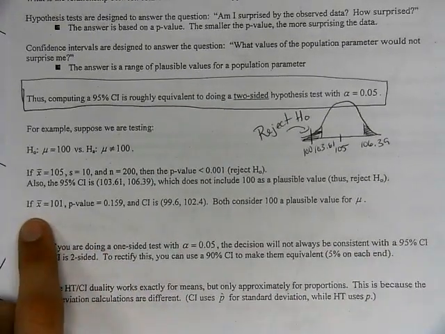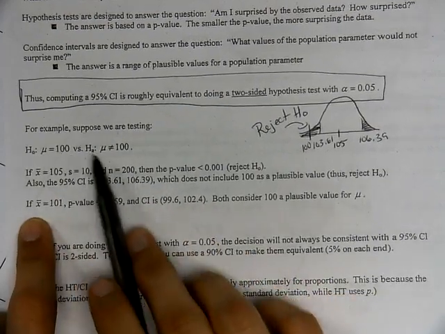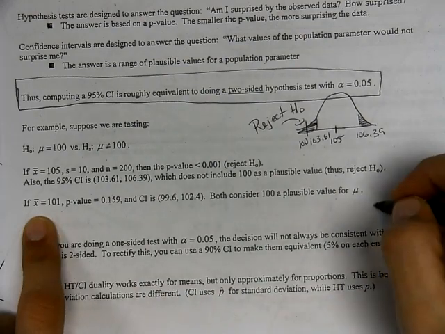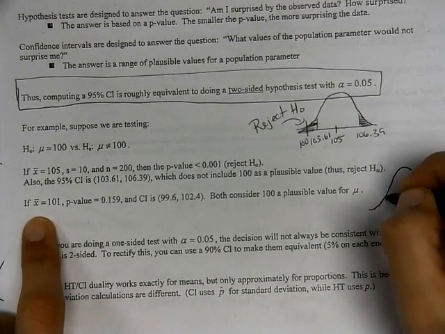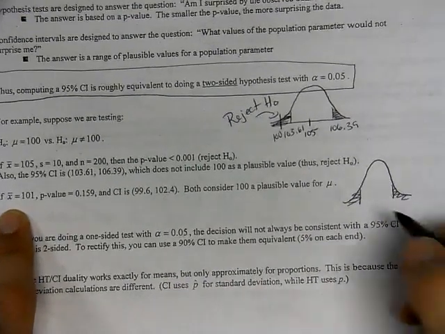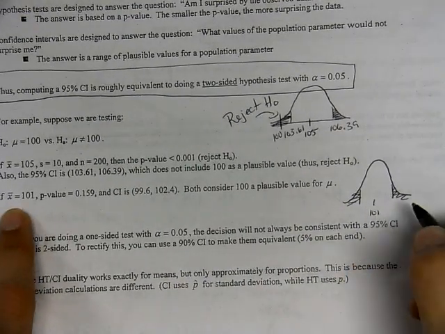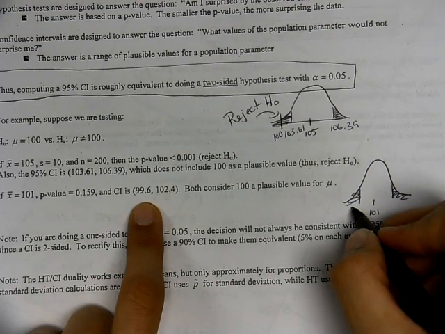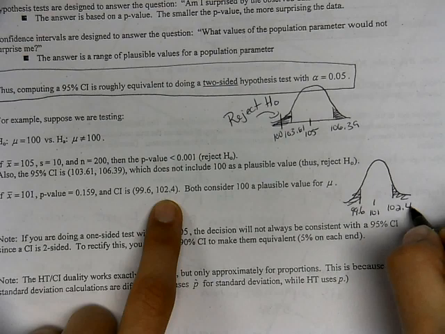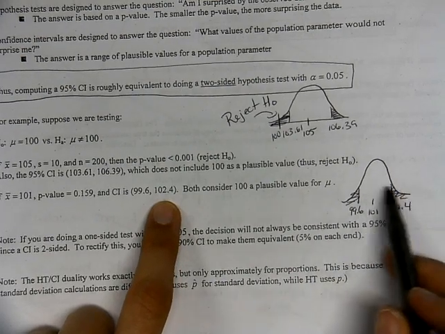So if you're looking at the same hypothesis test, now let's pretend we get a sample of 101. Now our picture, we're still doing a two-sided test. Our mean is in the middle at 101, but our 95% confidence interval goes from 99.6 to 102. Where does 100 fall in here?